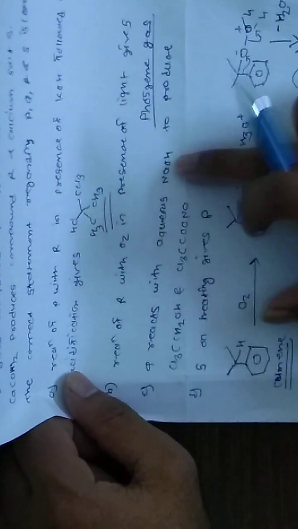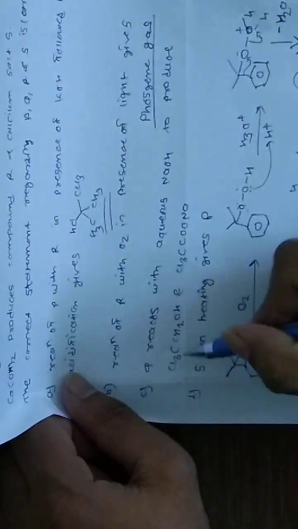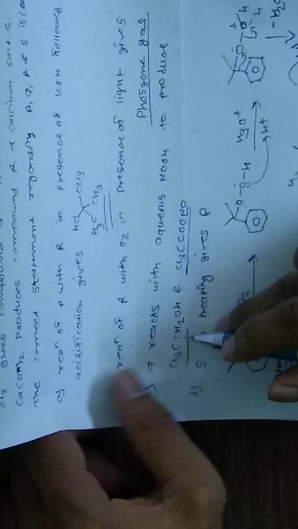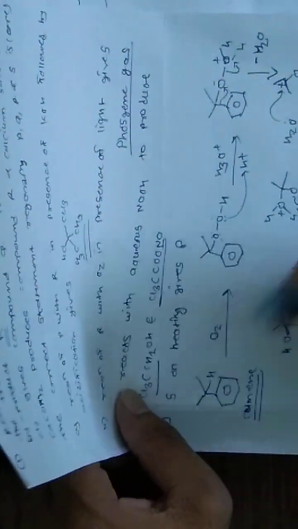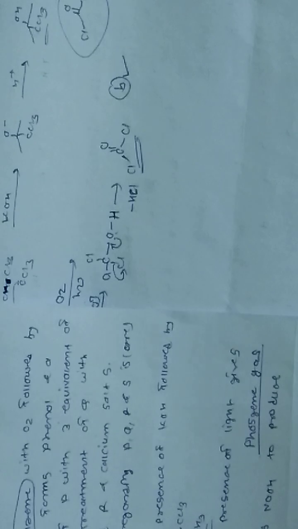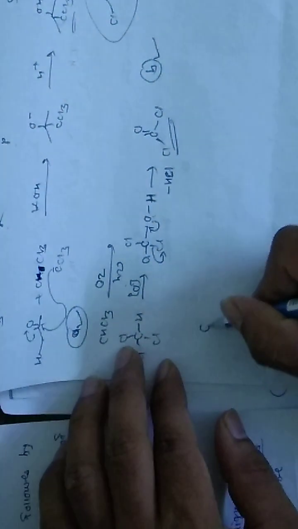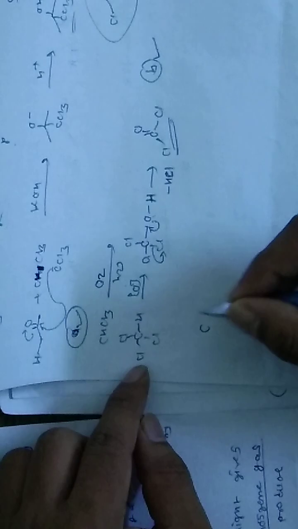Now what about C? Here Q reacts with aqueous NaOH to produce these two products. Firstly, draw the structure of these two products. What is Cl3C-CH2OH? Here I am writing the structure of both given compounds.